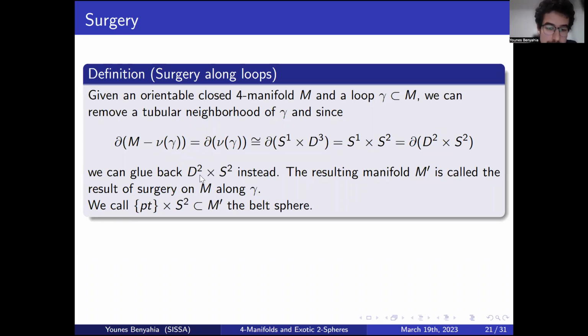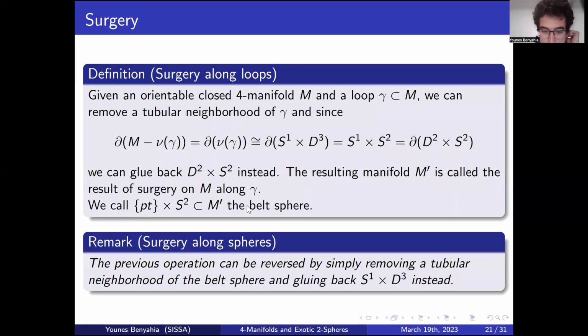Now, when you added this D^2 times S^2, you should remember the S^2, this sphere. There's a special sphere that is important to remember. It's called the belt sphere, which you can see as a point times S^2 in D^2 times S^2. So why is this sphere important? Because this sphere lets you reverse the surgery. We call this surgery along spheres.